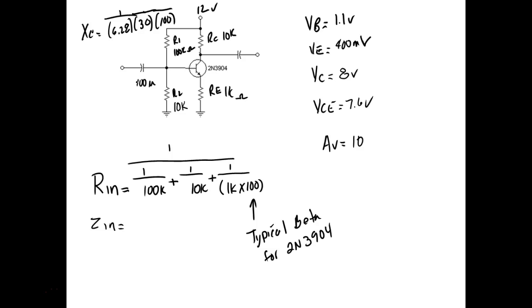Only 53 ohms compared to this input impedance right here, which is going to be slightly less than 10K. So 53 ohms relative to 10K is nothing, right? You understand? And if the frequency goes up, the X of C goes down. So at 10,000 hertz, this guy would have almost no reactance at all.